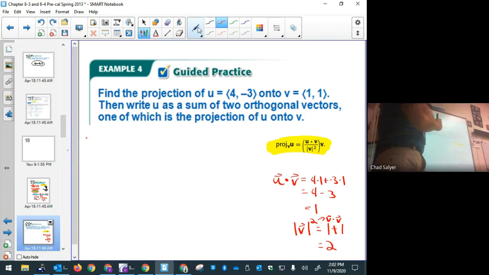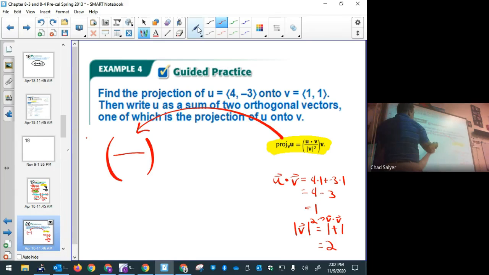So we now have everything we need to plug into this formula. So Anna, tell me what goes here. 1/2. And then tell me what goes here, Caleb. One more. Very good.